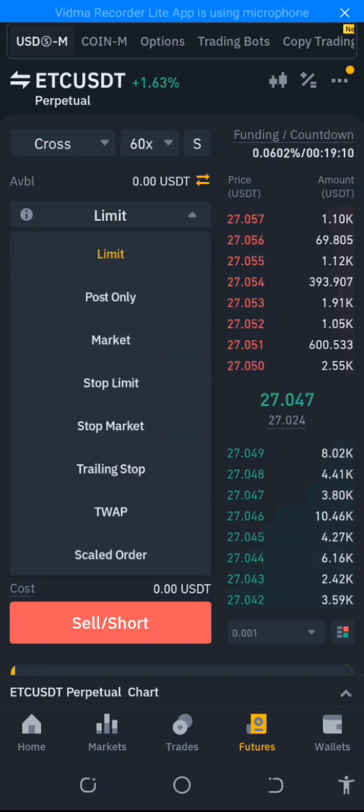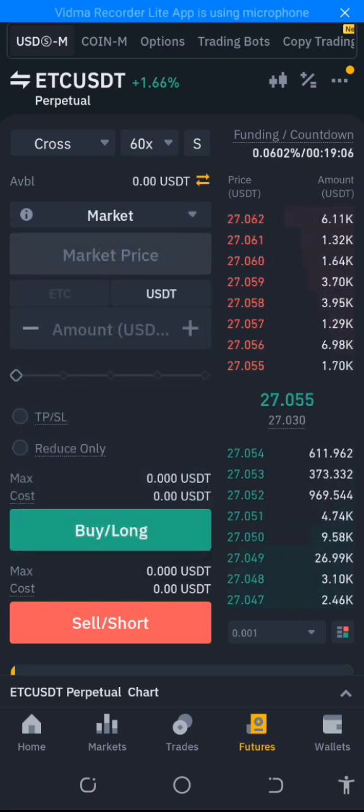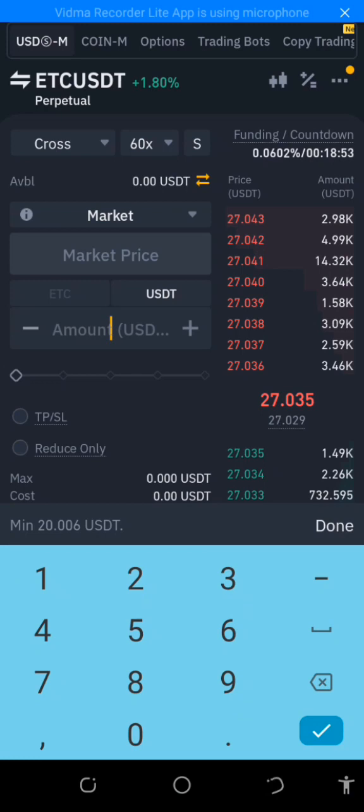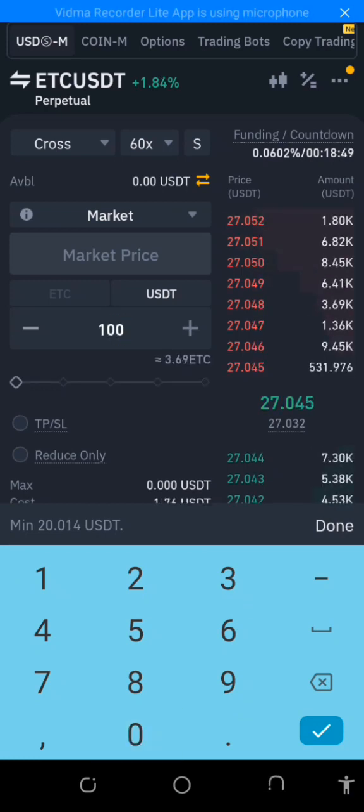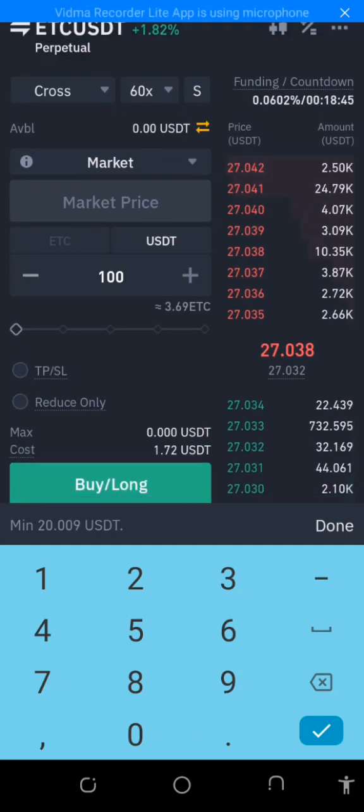But let me say I want to take this trade immediately. Whether I hit buy or sell, I just click on market. It means that once I click, it will take the trade immediately at exactly what the market price is. All right. Then I will enter the amount of USD I want to use for this trade. Let me say I'm using $100.